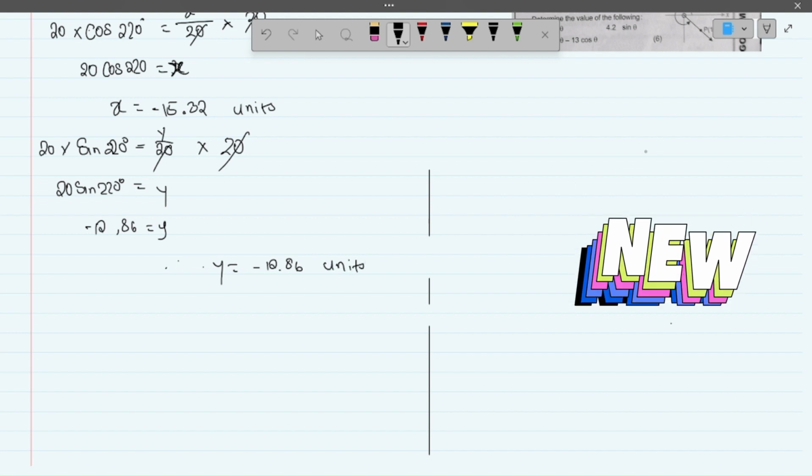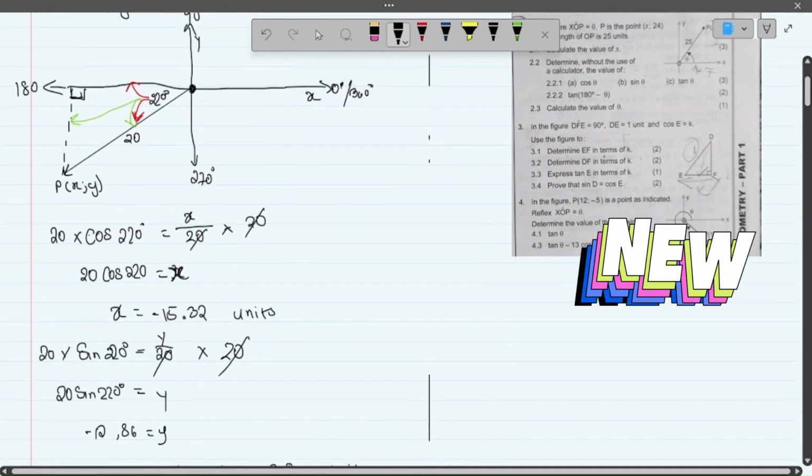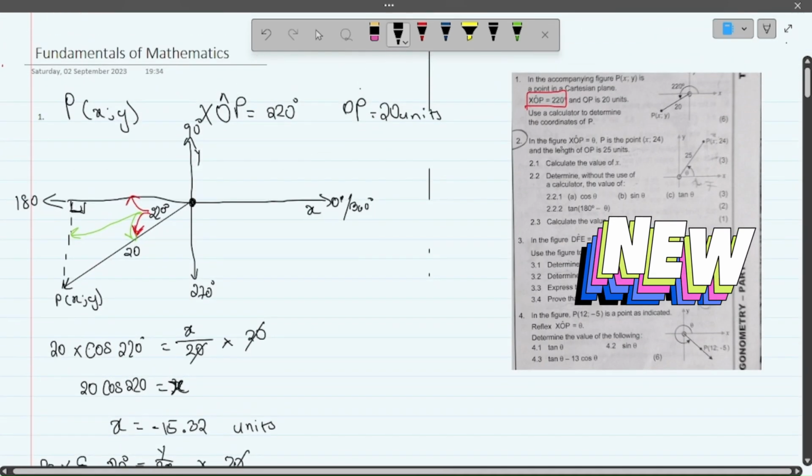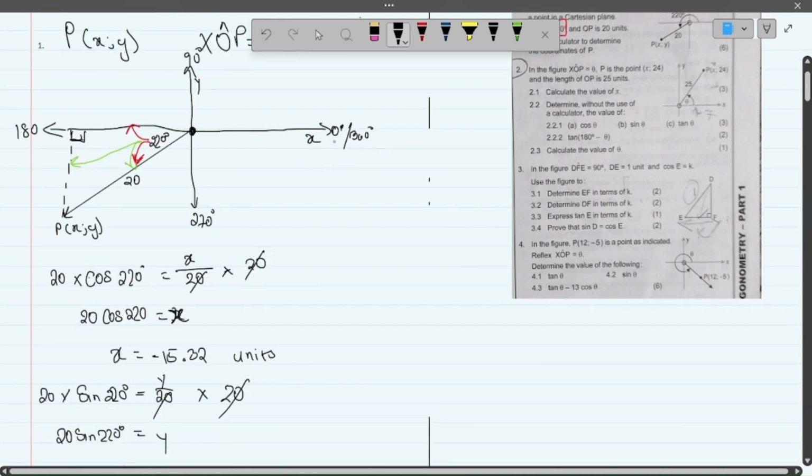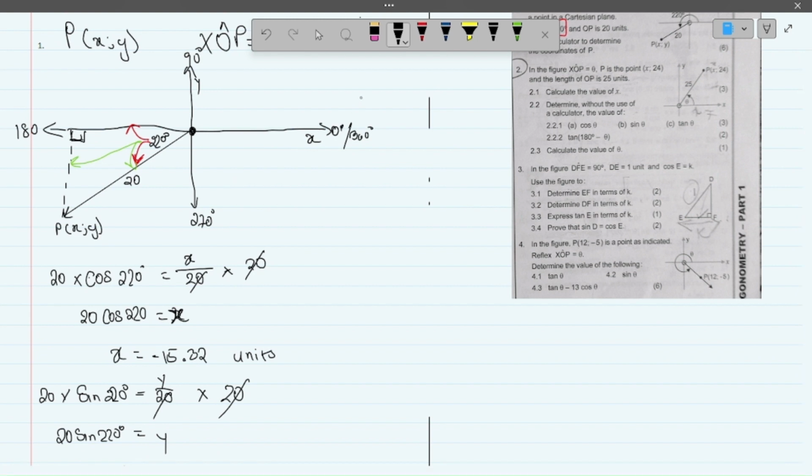The important takeaway in this question is that you need to understand the trigonometric ratios. When we say sine of an angle, we're referring to the opposite side over the hypotenuse.